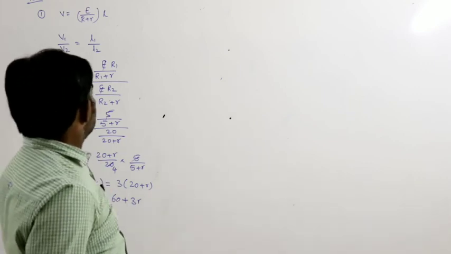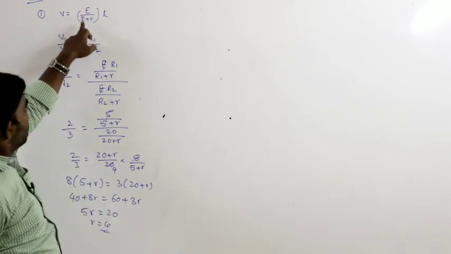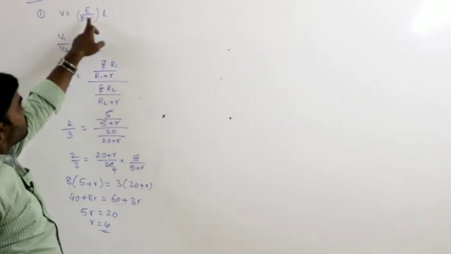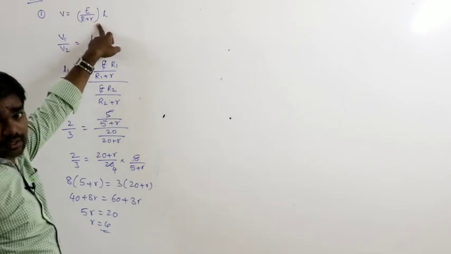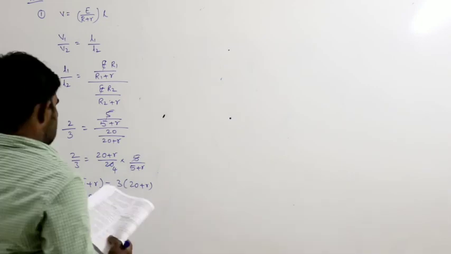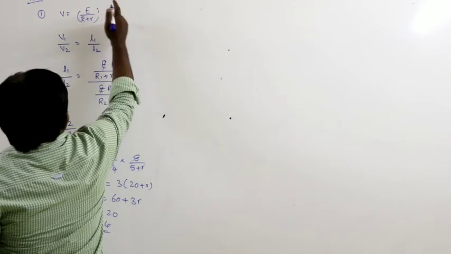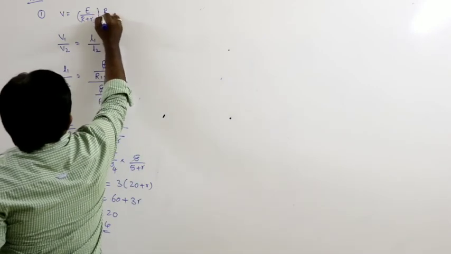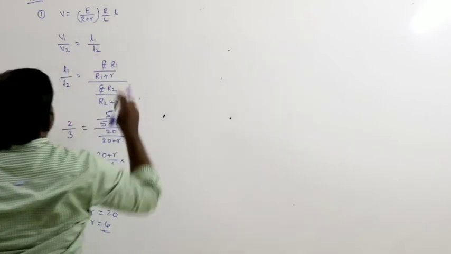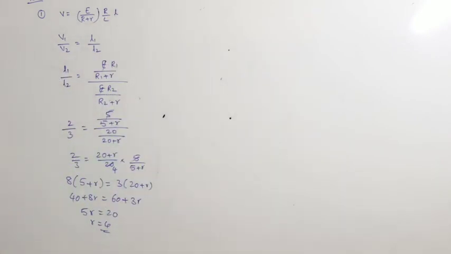Simple thing it is. The actual formula is E by R plus r into L. V equals to I R. Sorry, it is R by L into L, the potential gradient formula.